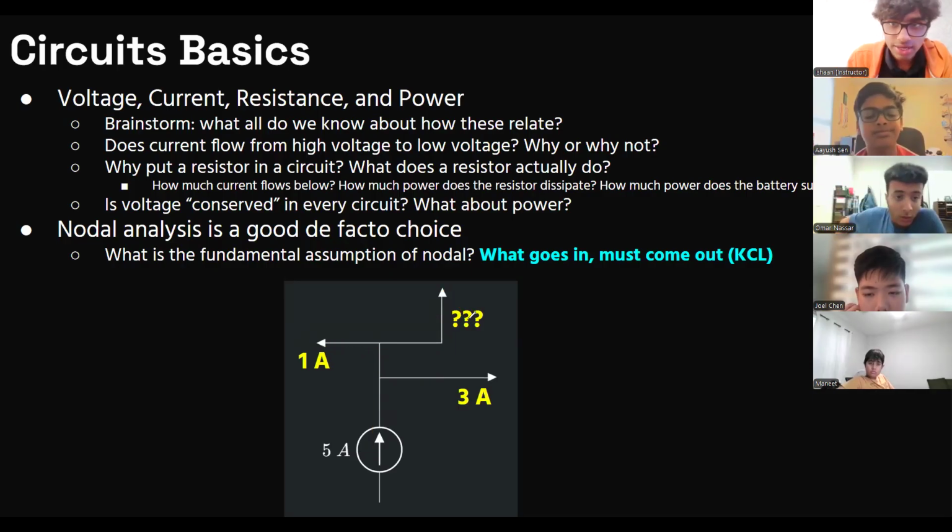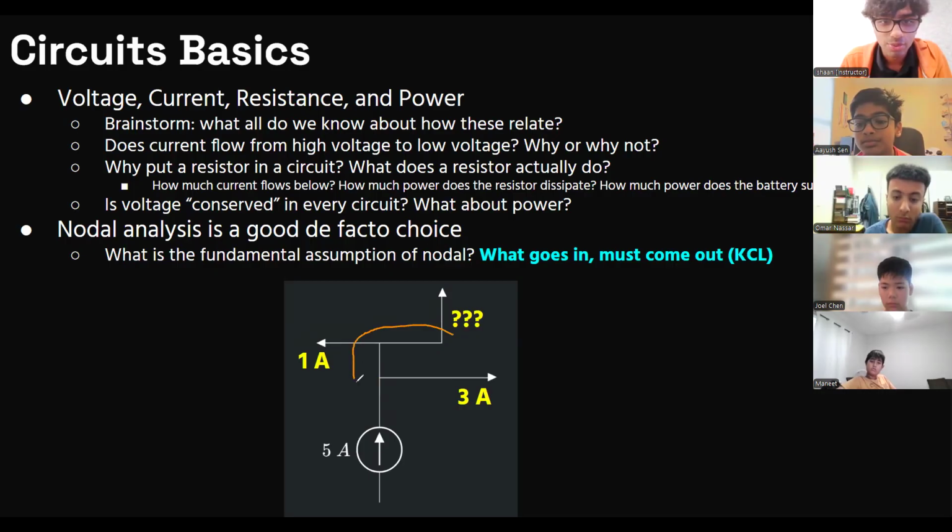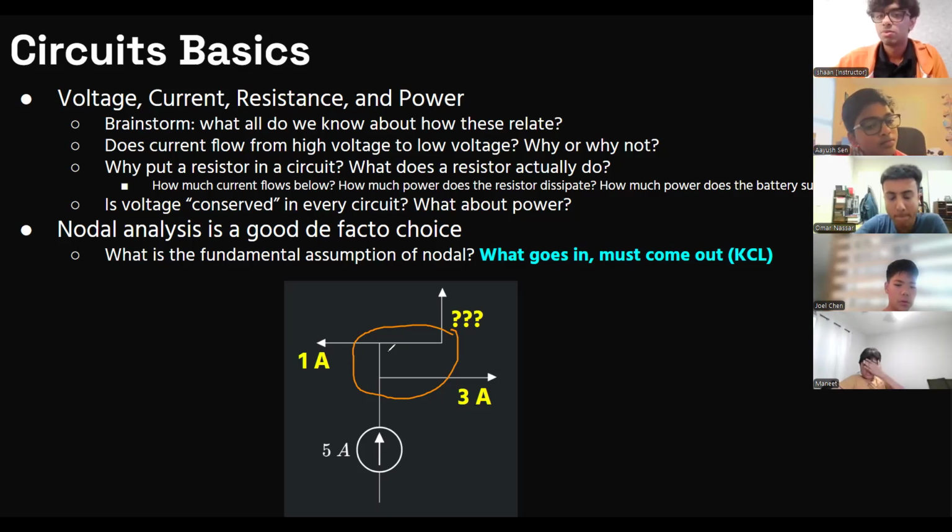Now, the important point that I want to bring to your attention here, even though this is a very easy example, is that this is all one node. Just because there's 2 different junctions and a lot of wire does not mean it's a different node. When we talk about a node, we're talking about things that connect components. And so we'll see an example later today where this node looks really wacky, but it's still just one node.